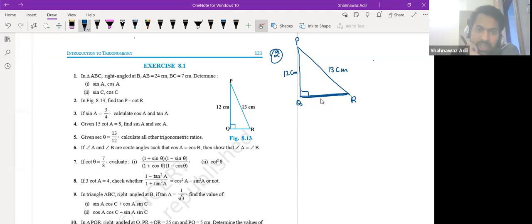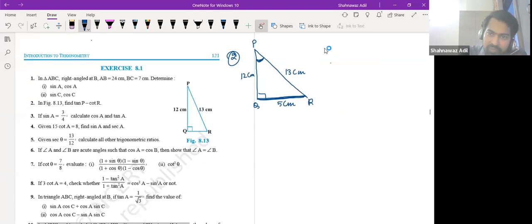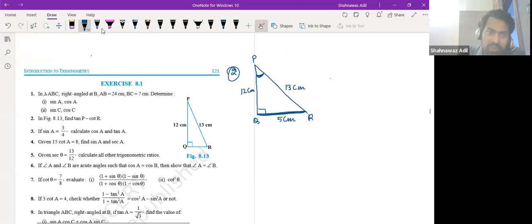Yes, what did you get, Rifa? I got root 25, which is 5. Absolutely correct. So this is 5 centimeters, right? So we have all the three sides, and then we can calculate these ratios. If I choose this angle P, what would be my base? PQ will be the base. Absolutely correct.